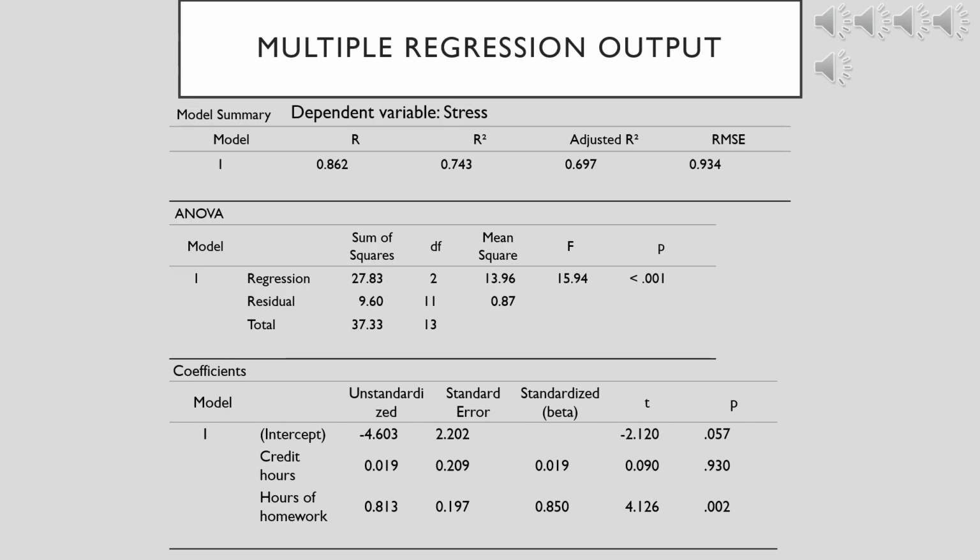And so in plain English, we would say 69.7% of the variability in stress can be explained by credit hours taken and hours of homework. So that's quite a bit of stress explained by hours of homework and credit hours, right? Which makes sense. The more credit hours you have and the more hours of homework you have, the more stressed you're probably going to be.